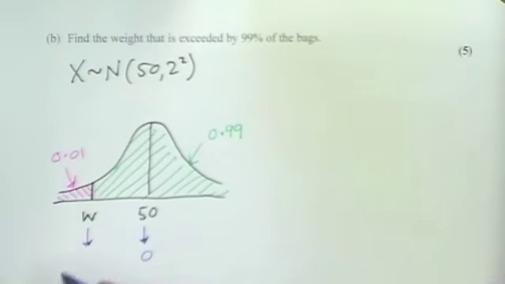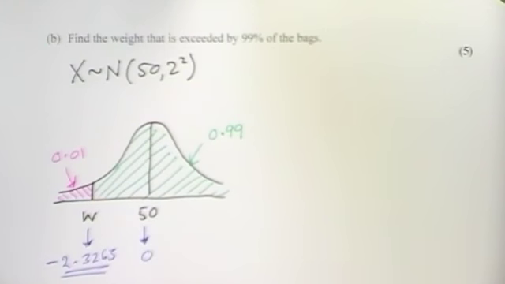So I'll write that down as my Z value, 2.3263. Clearly that's not our value of Z because it's on the left hand side of 0, so it's actually minus 2.3263.